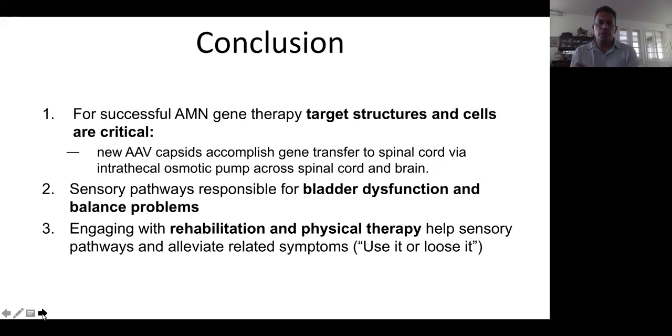Because if you don't continue to use those long tracts that are under duress in the spinal cord, it is very hard to improve those symptoms. Simply performing gene therapy without continued rehabilitation and physical therapy does not make sense and will not lead to relief. We often say in neurology, use it or lose it.